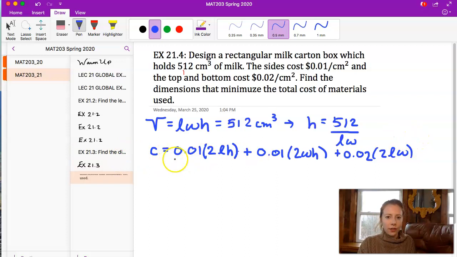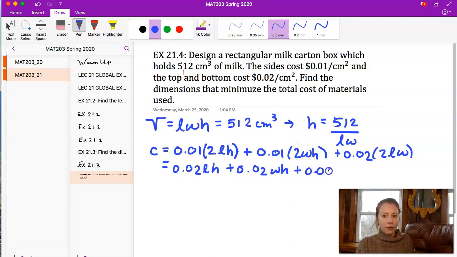Okay, so let's just simplify this a bit. So the cost is going to be 0.02 LH plus 0.02 WH plus 0.04 LW. Okay, so now we need to plug in H equals 512 over LW.